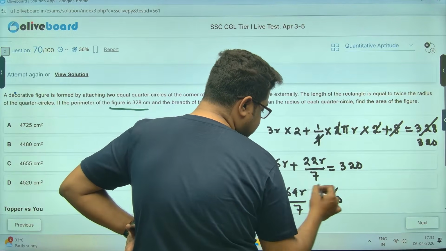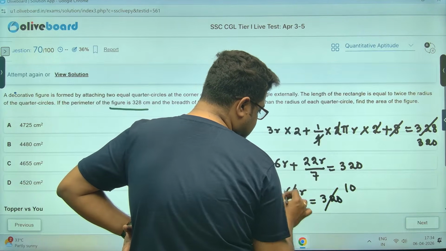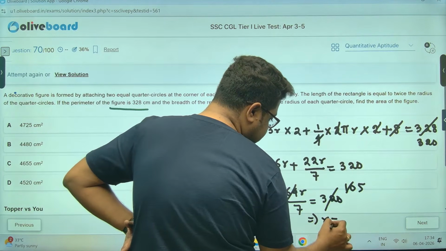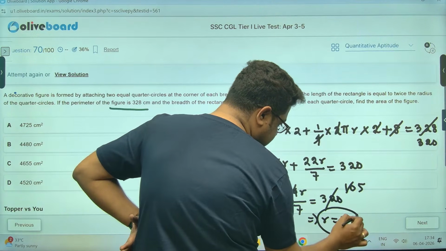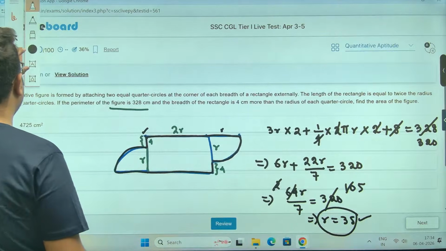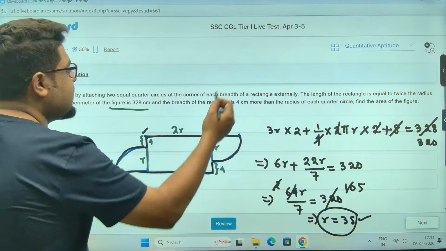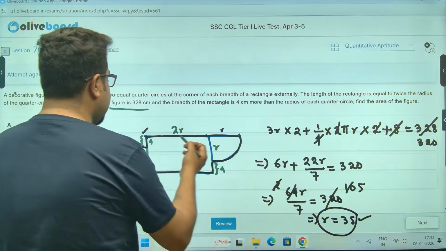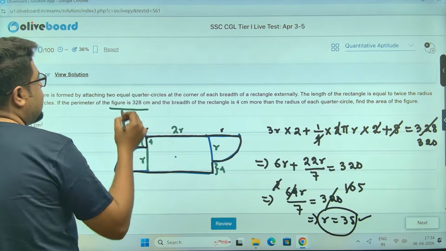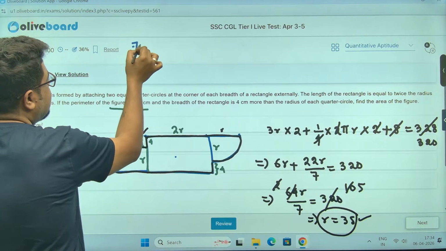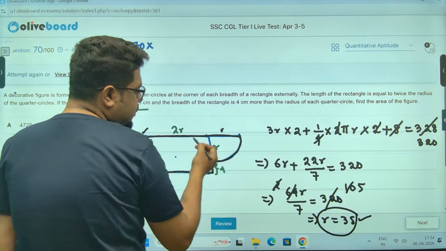So 320, 32 tens are this, 32 twos are this. This is 5. So r is 35, sir. The calculation does not look very happy with me. R is 35. So they are asking area. Let's find the area. Area of this rectangle will be, sir, 2r, meaning 70 into r plus 4, which is 39.